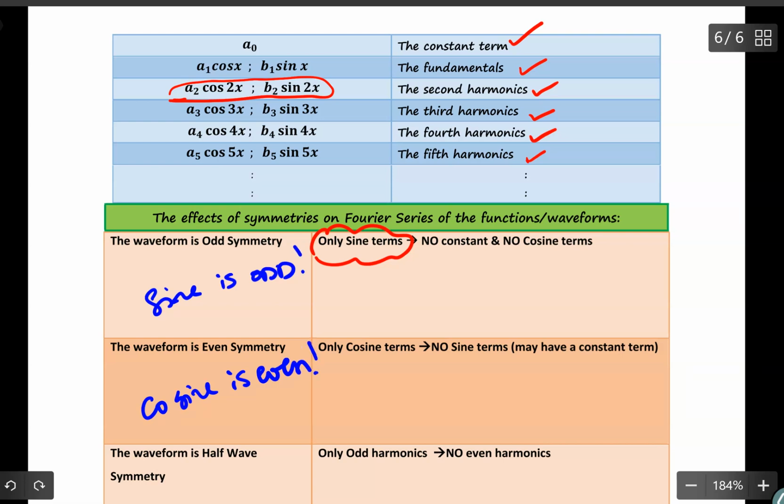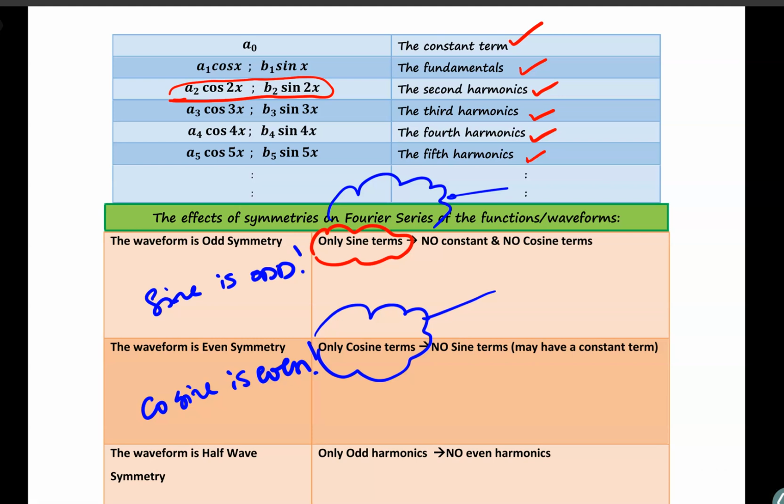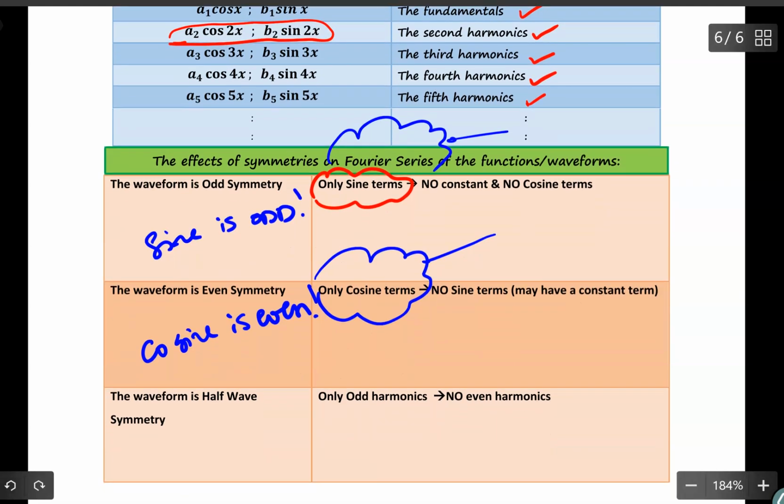That helps us remember that if a waveform has odd symmetry, then we only have sine terms for its Fourier series. If a waveform is even, then we only have cosine terms. All of this will be clarified in the next lesson.